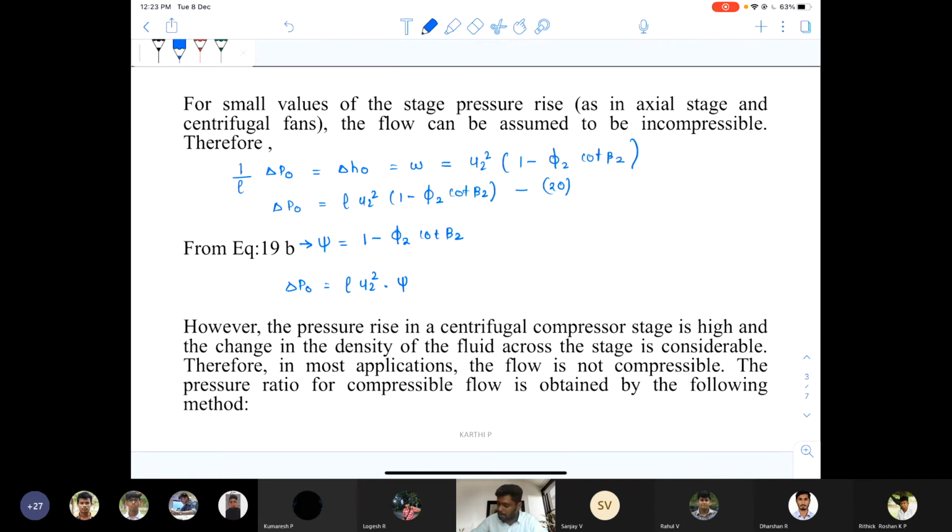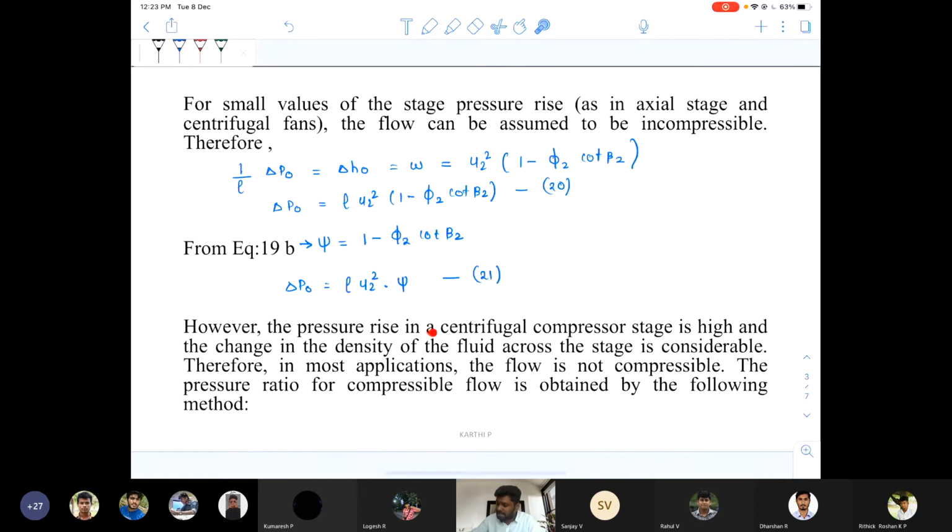You can consider this as equation number 21. That is, you have replaced 1 minus phi 2 cot beta 2 with the pressure coefficient. Therefore, the pressure rise is given by rho U2 square into the pressure coefficient.